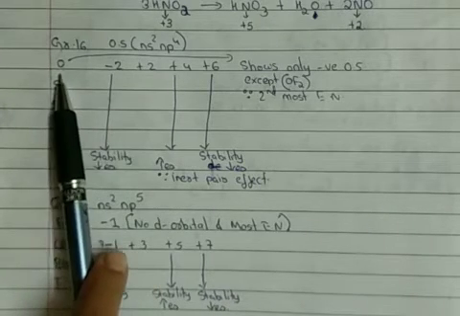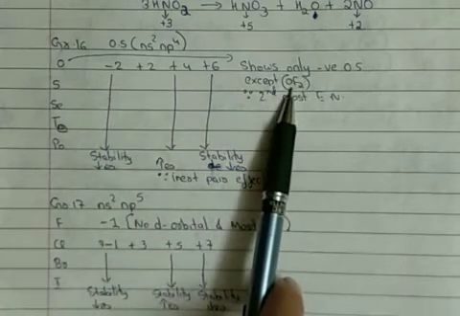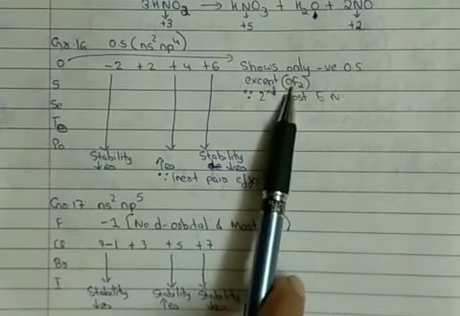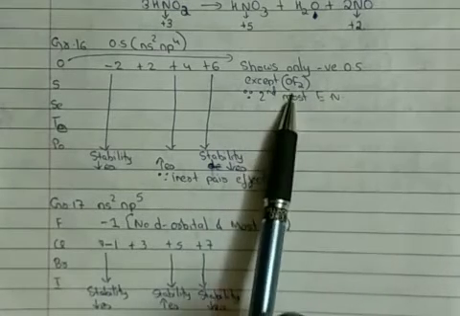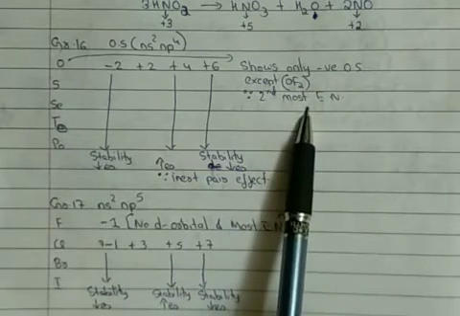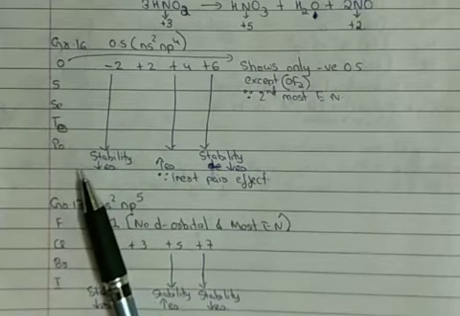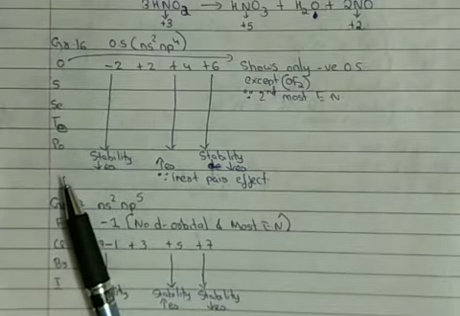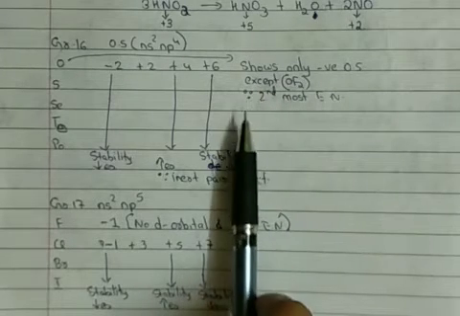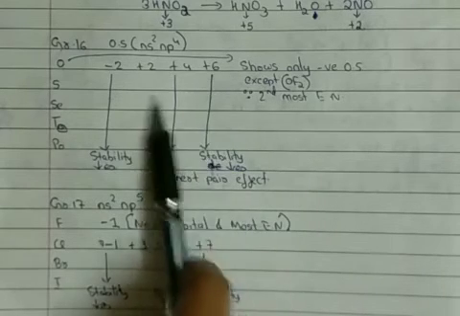Then, oxygen shows positive oxidation state only when it combines with fluorine, because between fluorine and oxygen, fluorine is the most electronegative element. Other than fluorine, when oxygen combines with any other element, it is going to show negative oxidation state, because after fluorine the second most electronegative element is oxygen.